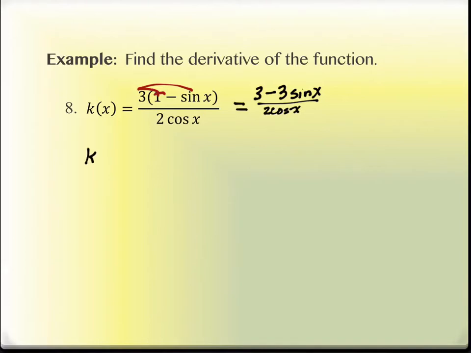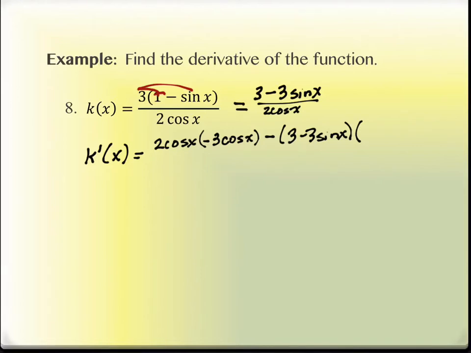So we're going to take the derivative, denominator first, 2 cosine x, derivative of the numerator. So the 3 part of the beginning, its derivative is 0. And the derivative of sine is cosine, so this is negative 3 cosine of x. That's being multiplied by the denominator. Subtraction, and then I need the numerator, which is 3 minus 3 sine x, times the derivative of the denominator.